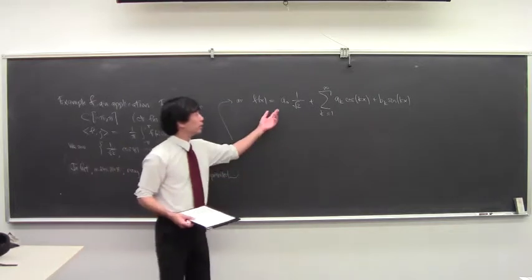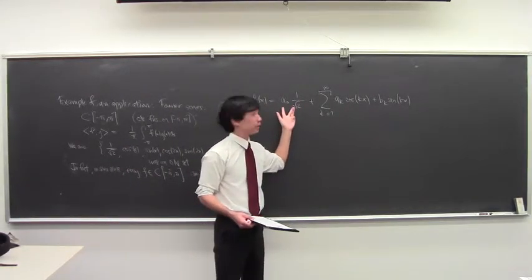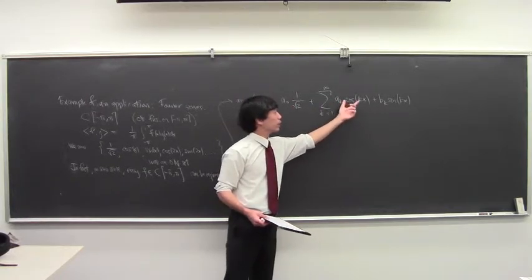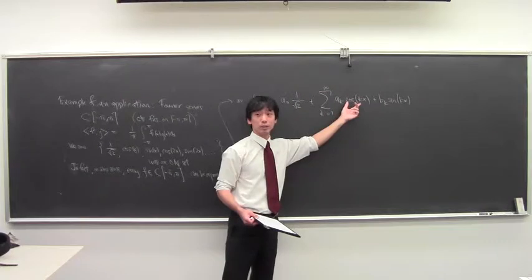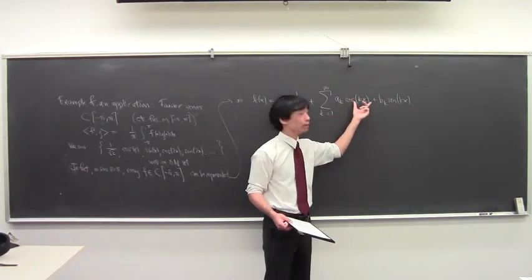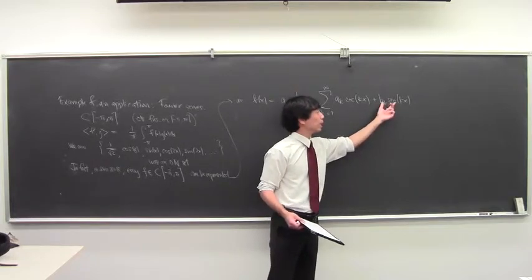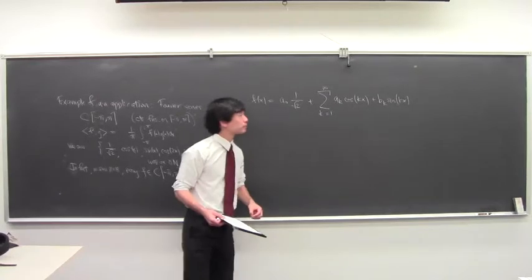So you've got a1 times cosine x, a2 times cosine 2x, a3 times cosine 3x, etc. And then b_k's on the sine kx's.